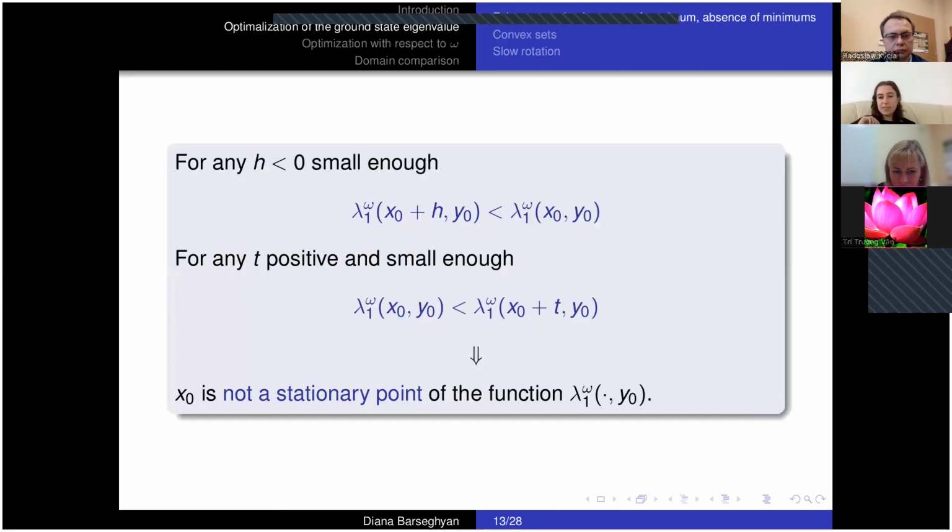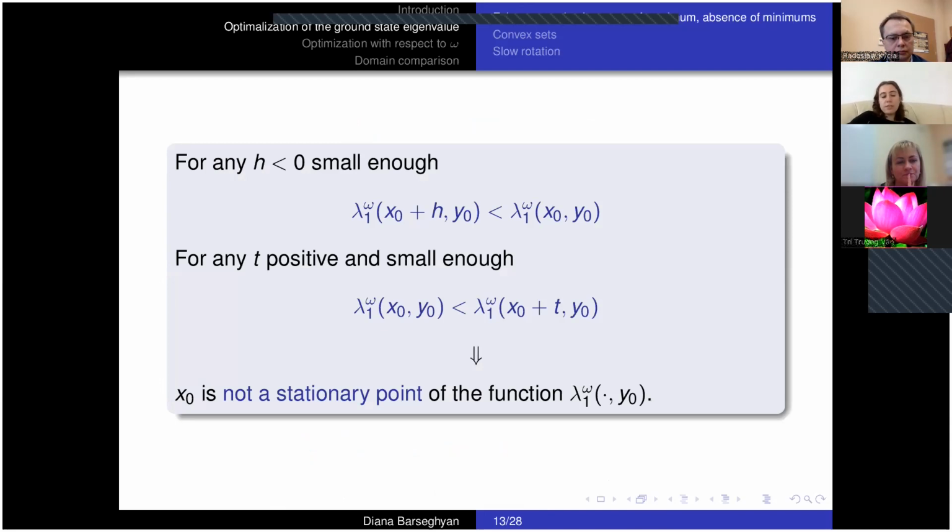So next, please. What we have here: we proved that for negative small enough h, we have this inequality, that lambda 1 omega x0 y0 is larger than it is if you change this x0. And also we proved that if t is positive, then we have the opposite inequality. This ground state eigenvalue is already less.